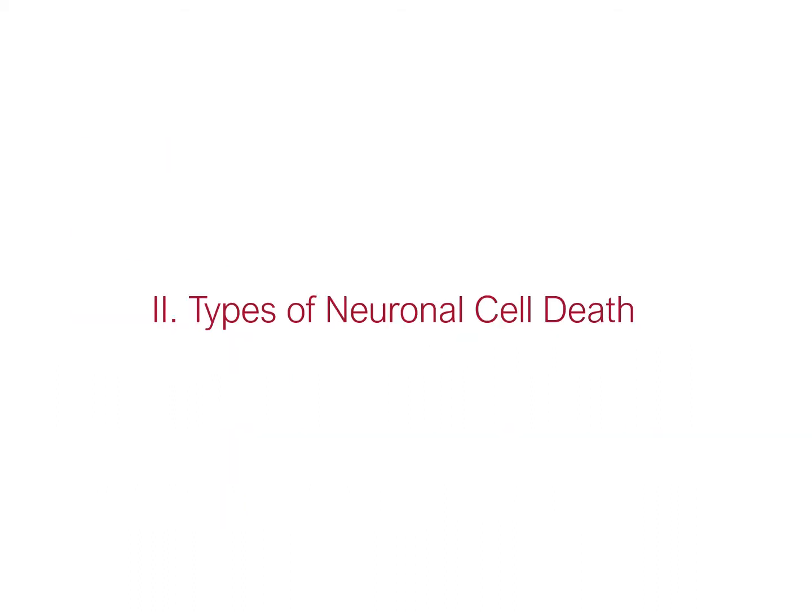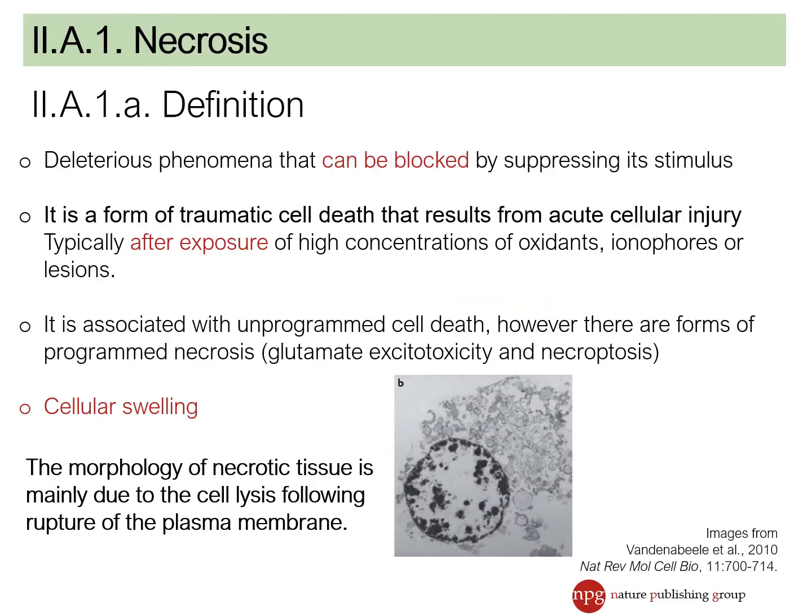So now we will start talking about the different types of neuronal cell death pathways. And we will focus on necrosis. So necrosis is considered a deleterious phenomena that can actually be blocked by suppressing the stimulus.